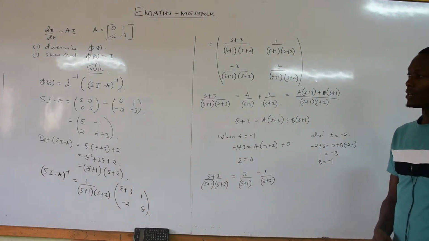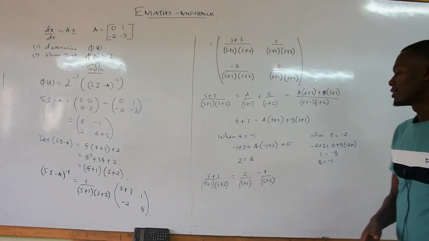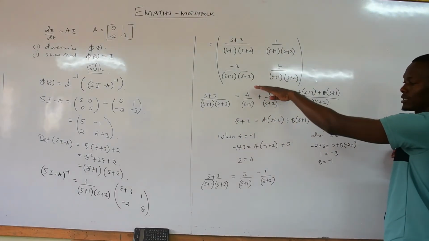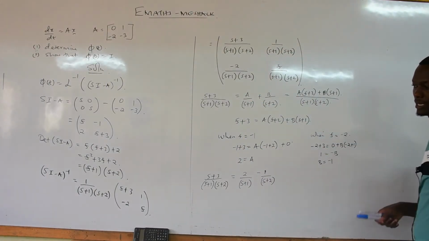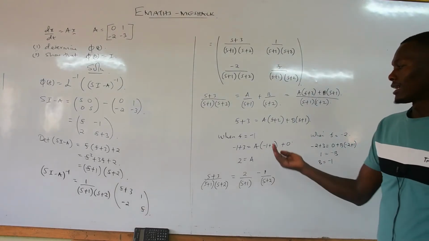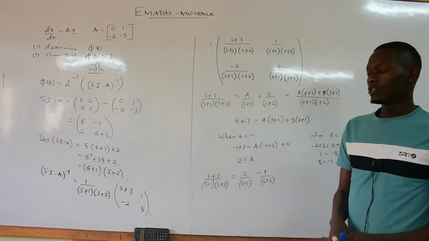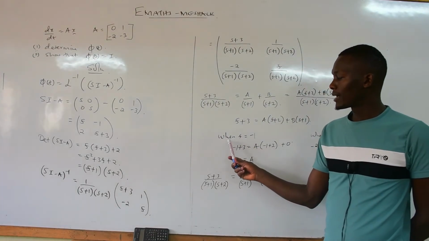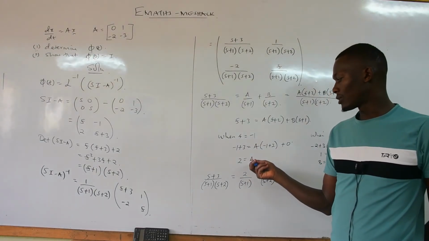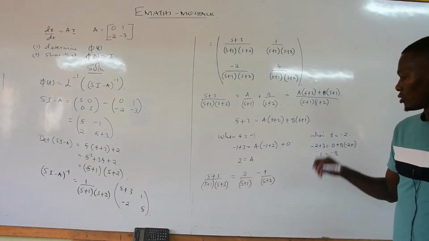Now, as I told you, this part is going to be easy because you do not need to work out this other part. We know one thing, and I want us to understand it, that the right hand side will always be the same. So at any point I replace my s to be negative 1, the right hand side I'll always get a, so 2.